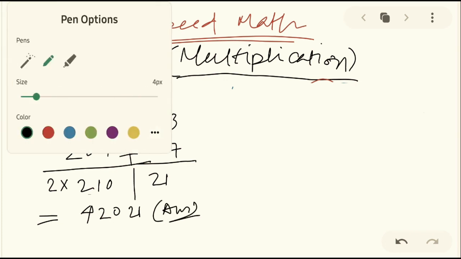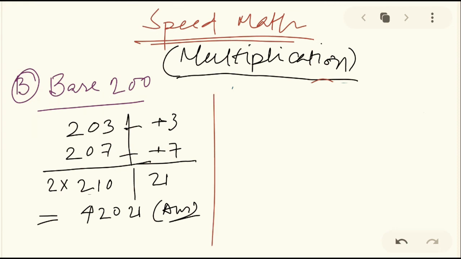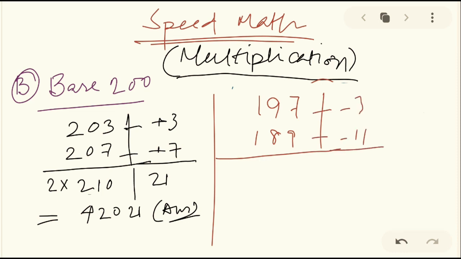Similarly, if we do another multiplication, like 197 into 189, what will we have? Minus 3 and minus 11, so plus 33.